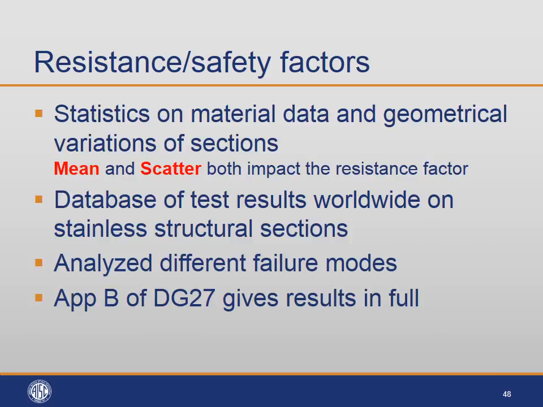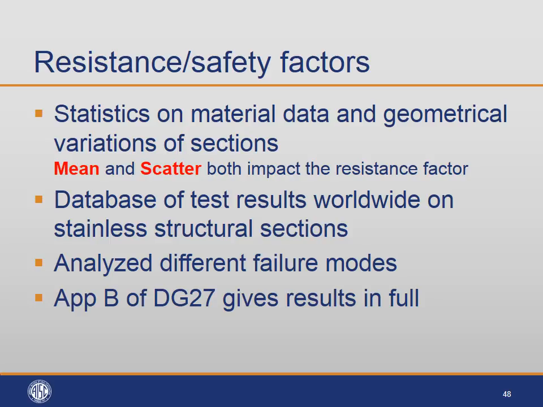So what we did was we gathered together statistics on material data and the variations in the thickness and breadth and depth of sections, and we were interested both in the mean values, for example the mean of the 0.2% offset yield strength, as well as the scatter, because they both affect the resistance factor.